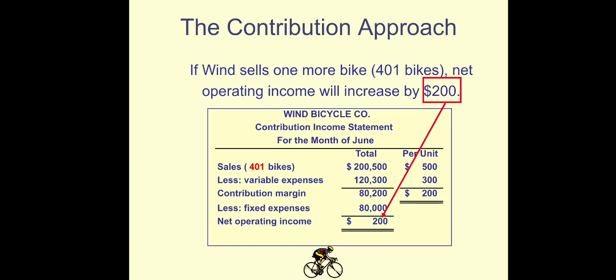The profit is $200, which is equal to the unit contribution margin. So you can see the contribution margin will cover the fixed expenses. After that, the contribution margin is the profit of the business after the break-even point.